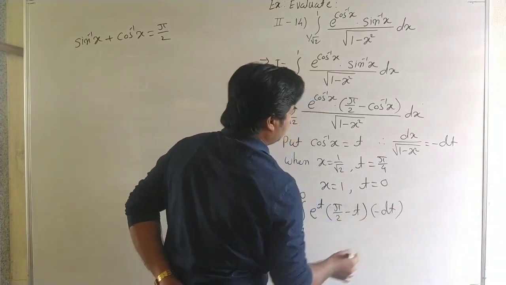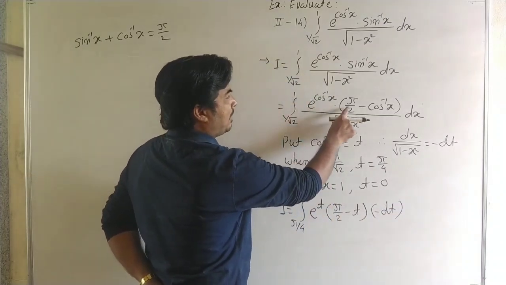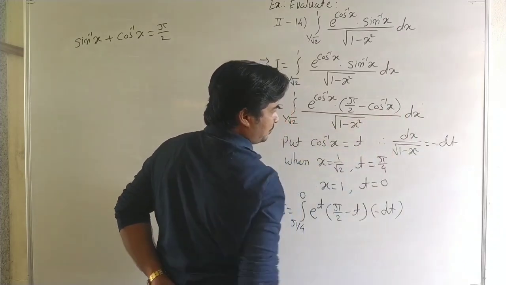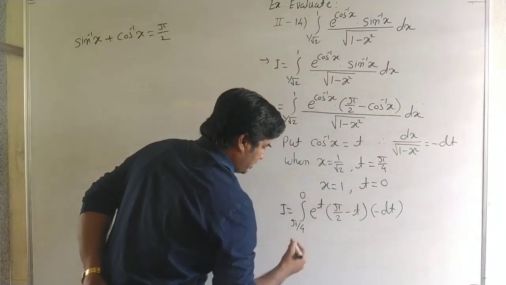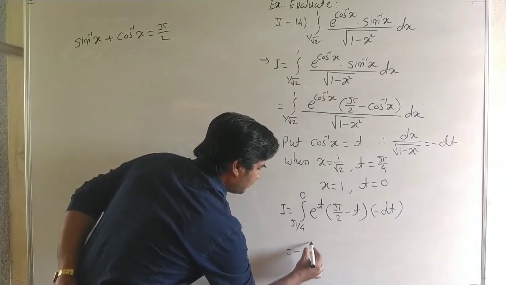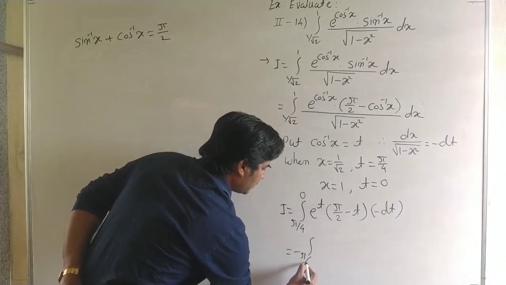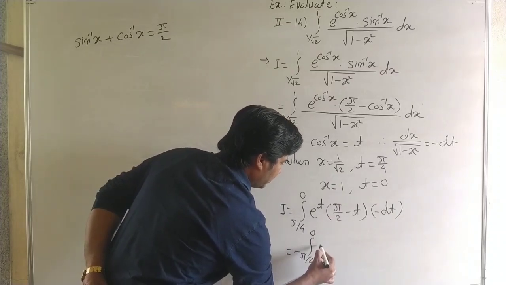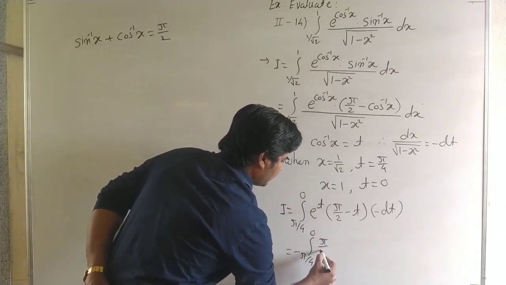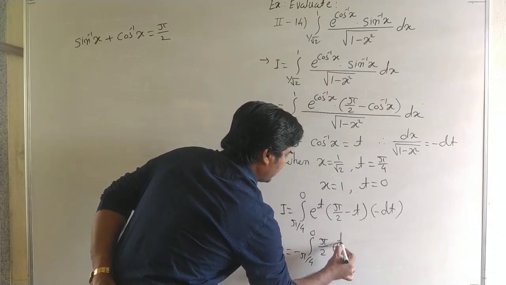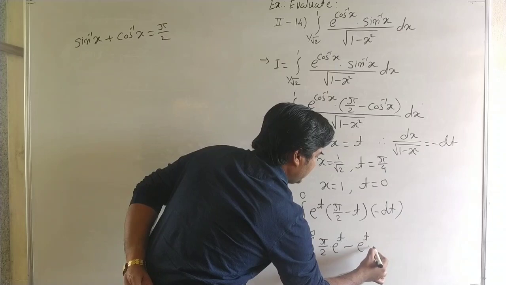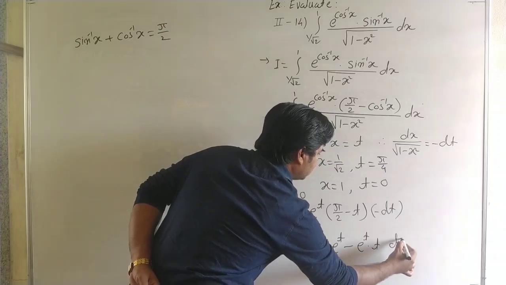See carefully this: e to the power t, pi by 2 minus t, and dx upon under root is minus dt. We take minus outside, so it is minus integral pi by 4 to 0 of e to the power t into pi by 2 minus t dt.